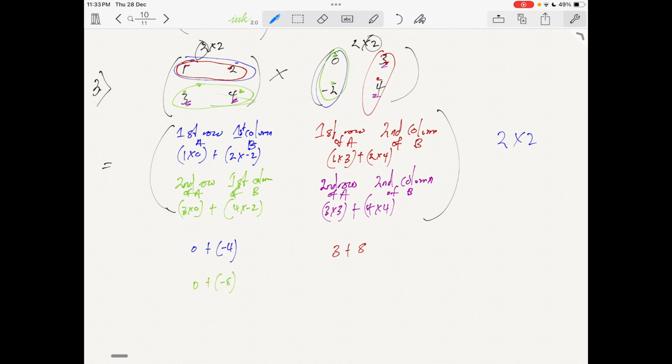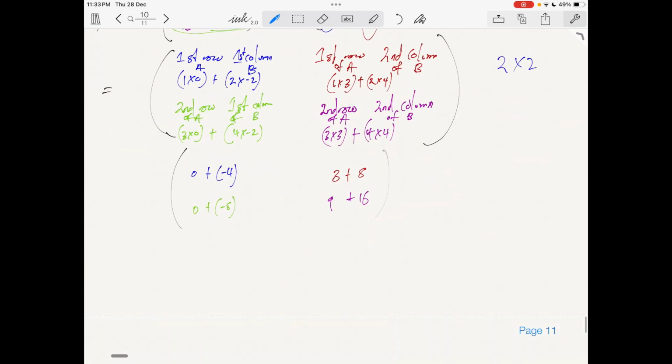And the last color, we have 3 times 3 is 9, and 4 times 4 is 16. Now simplify further. We have 0 plus minus 4 gives us minus 4, 3 plus 8 gives us 11, 0 plus minus 8 gives us minus 8, and 9 plus 16 gives us 25.